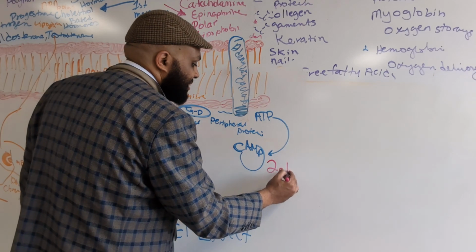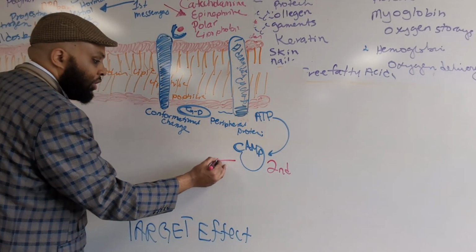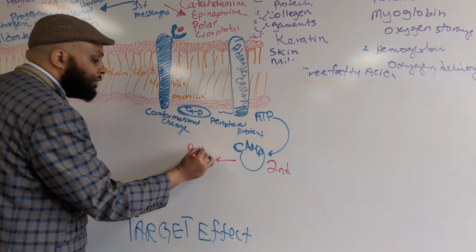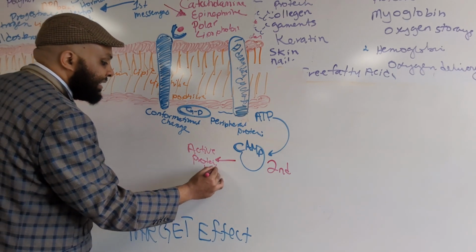That's my second messenger. The second messenger, the cyclic AMP, is going to go and activate for me a protein kinase.